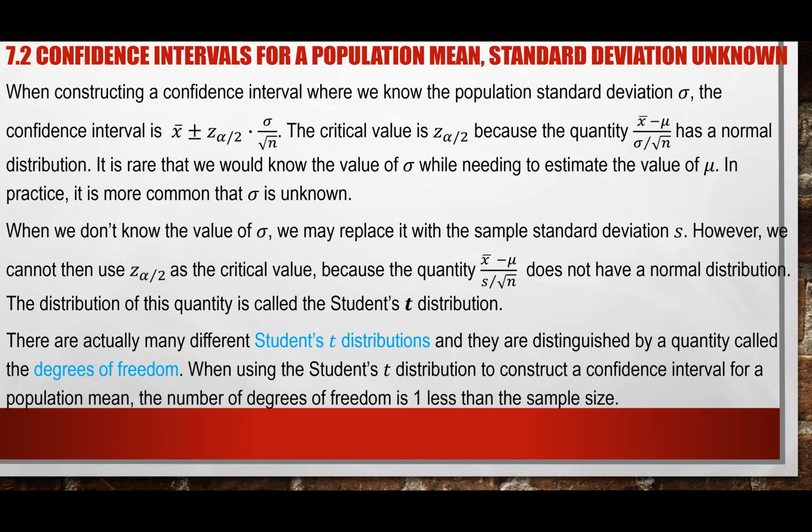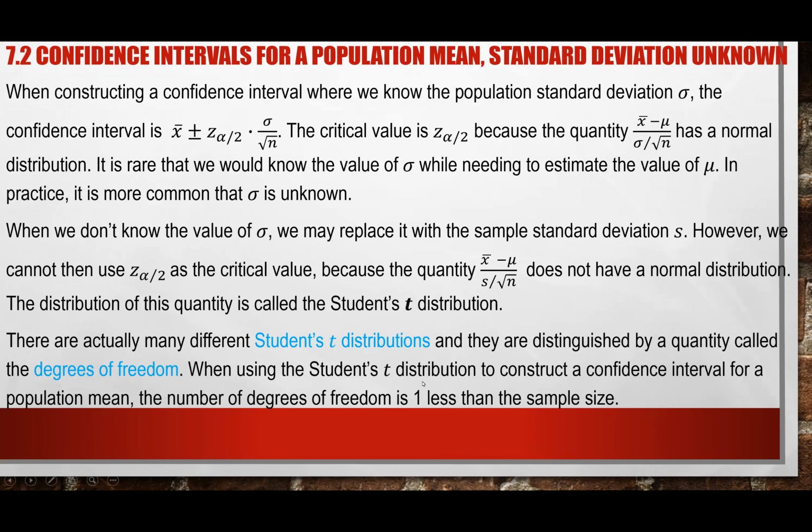So the only thing different is if we have a small sample, we cannot use a z critical value. Now we have to use a t critical value because we are dealing with a t distribution. As you will see a little later, the t distribution has similar properties to a normal distribution.